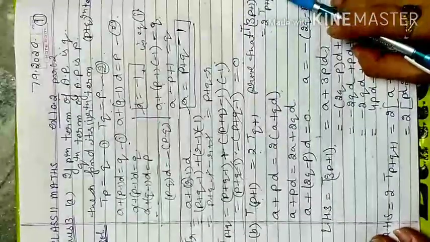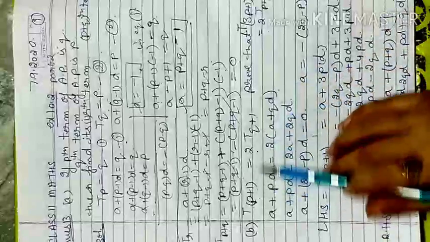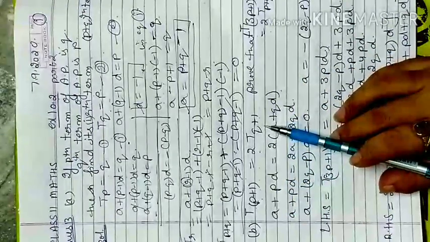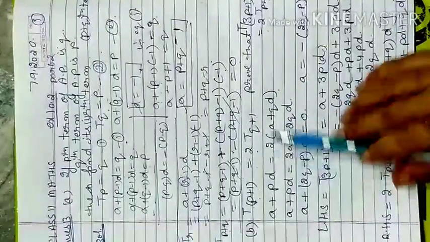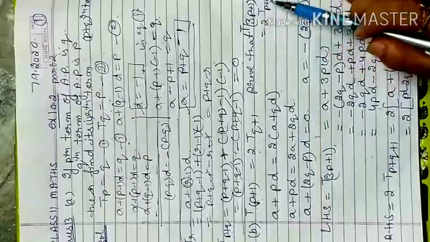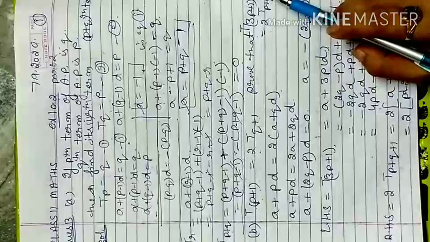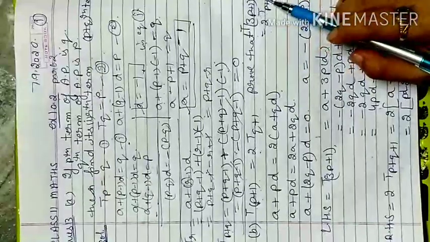So what you will do is first solve this equation, find either the a value or the d value, and substitute in both the left side and right side. Then you check whether the left side is equal to the right side or not.